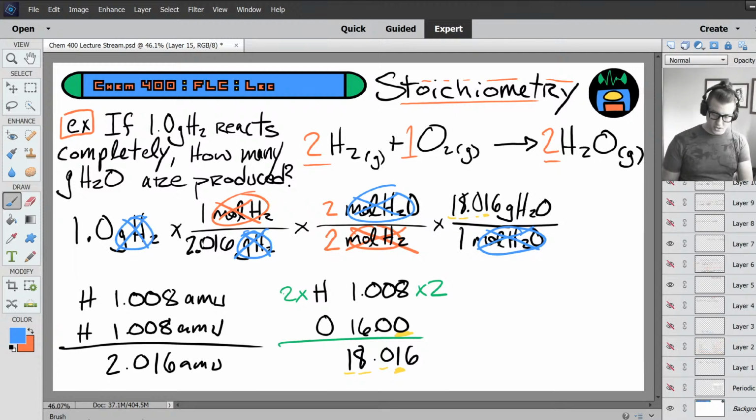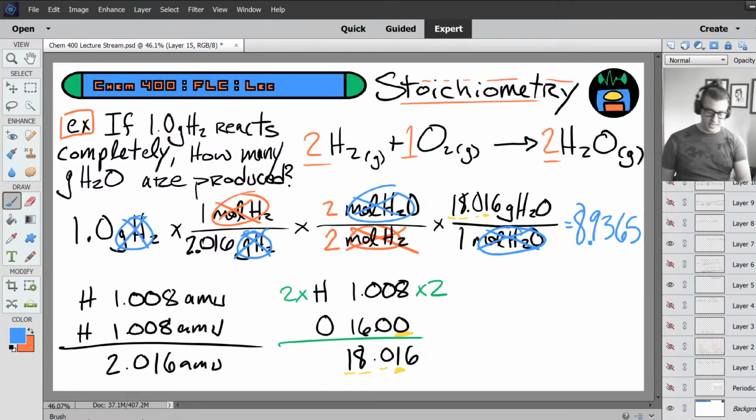And now we're ready to crunch our numbers. We have 1 divided by 2.016 times 2 divided by 2 times 18.016 comes out to be 8.9365. All right.